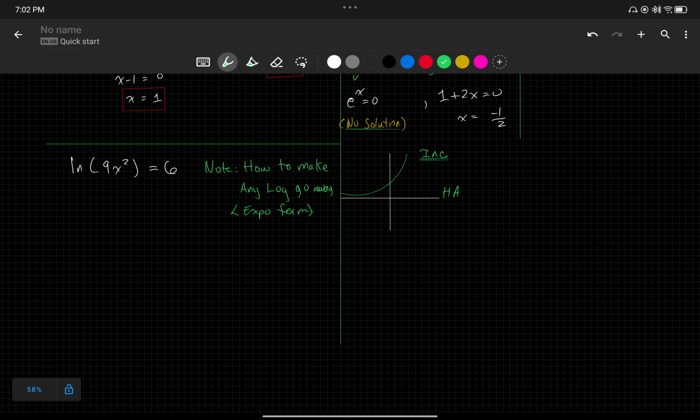All right, so let's see. How does exponential form work, the switching back and forth? Well, maybe I can put it over here for you in case you forgot. So if you have y equals log base a of x, that's called log form.